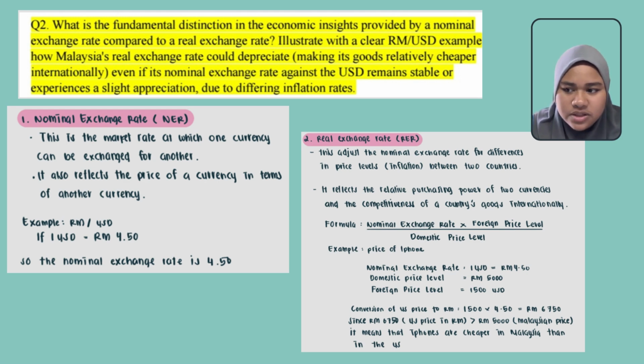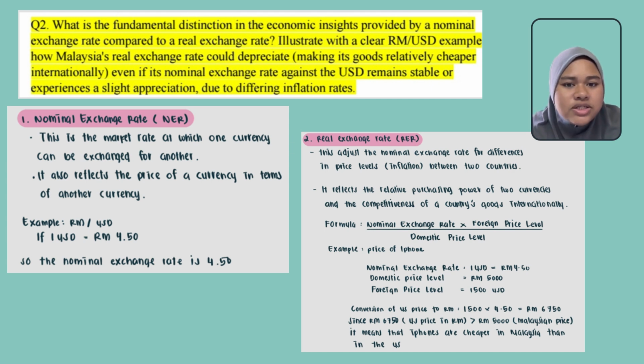For example, if the price of an iPhone in Malaysia is 5,000 ringgit, and the iPhone in the US is 1,500 US dollars, and the nominal exchange rate is 1 US dollar equal to 4 ringgit 50 cents, we can convert the US dollar price to ringgit: 1,500 times 4.50, and we get 6,750 ringgit.